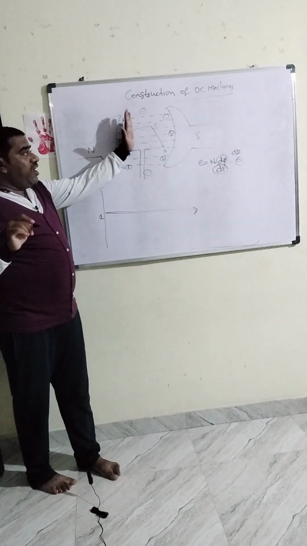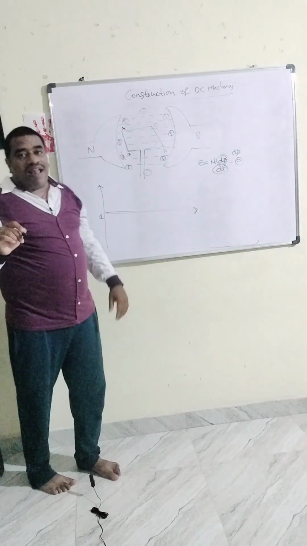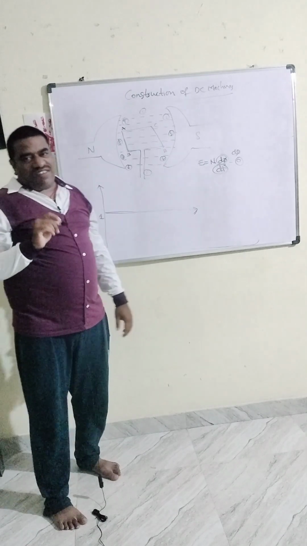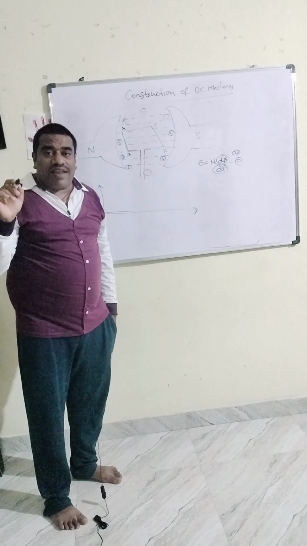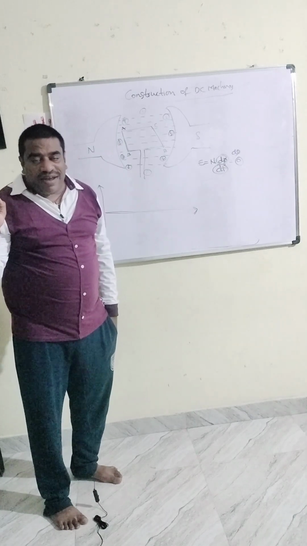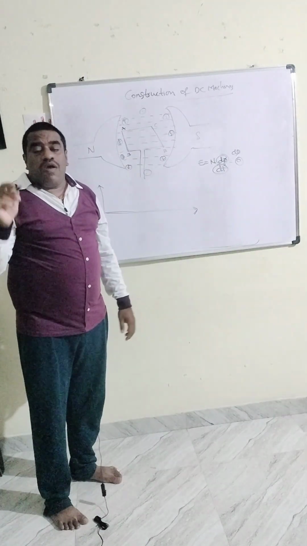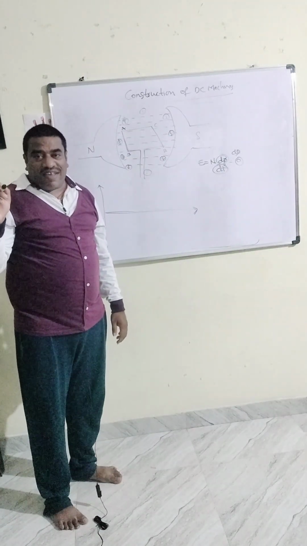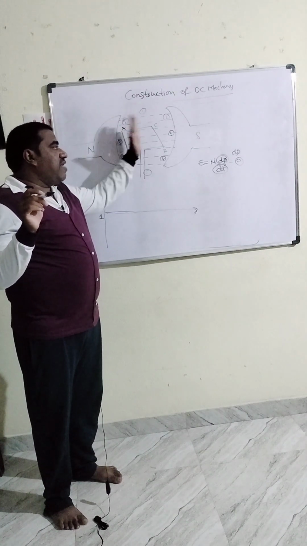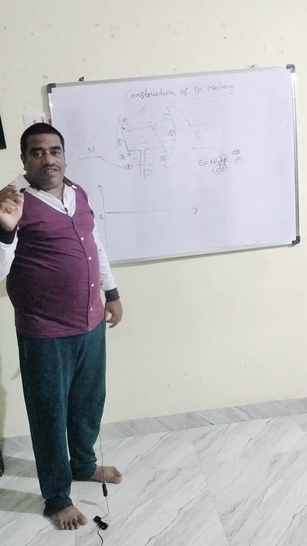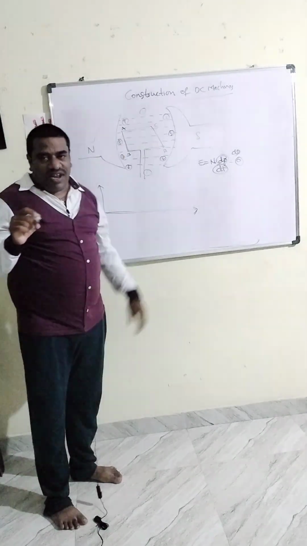Next, when it moves to position number 2, both the AB and CD coil sets will be cutting a small number of flux lines. When the flux lines cut by the conductor change, an EMF is induced in AB as well as CD.